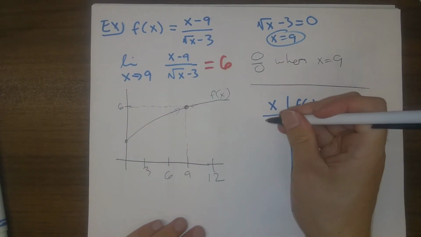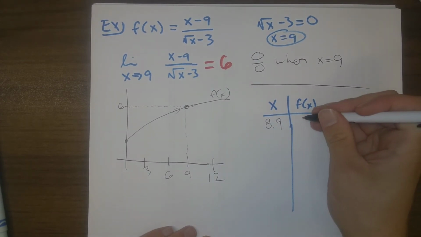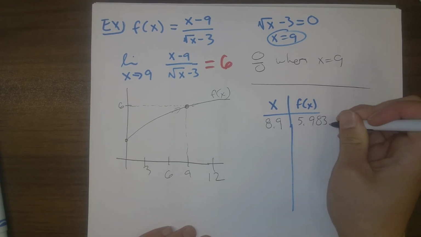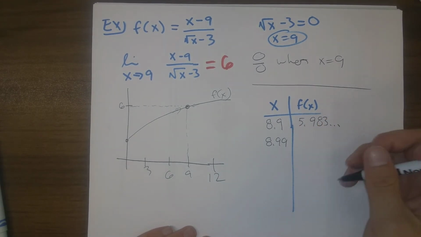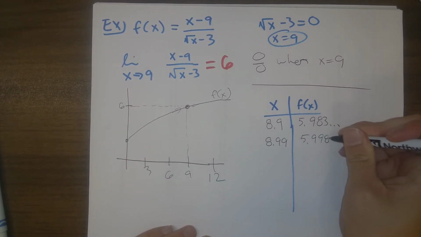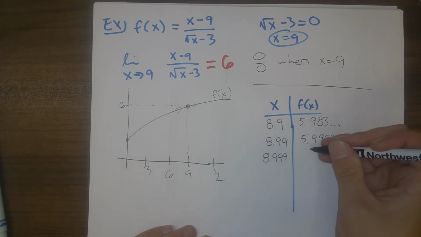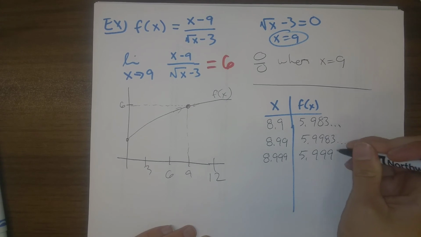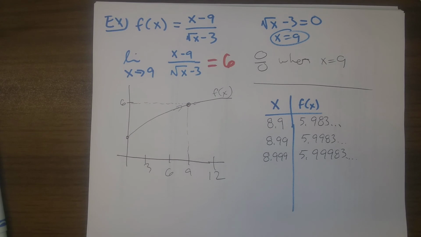When x is 8.9, f of x is 5.983... When x is 8.99, f of x is 5.9983... When x is 8.999, f of x is 5.99983..., and we see that as x is getting closer and closer to 9 from the left, f of x is getting closer and closer to 6.